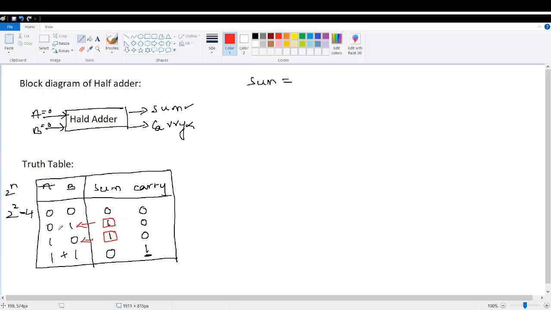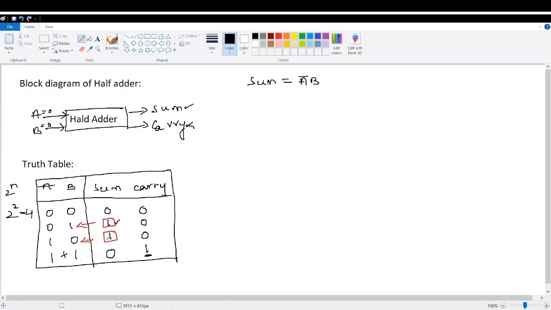So how is 0 1 written in terms of expression? 0 means A value, 1 means this B value. So A is equal to 0, and 0 means complemented, so I will write A bar. Then 1 means B. So A bar B, this term is done.